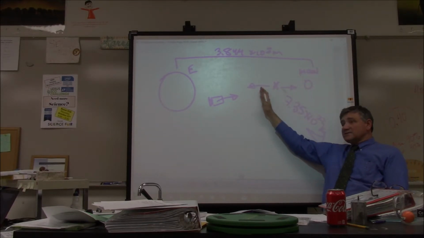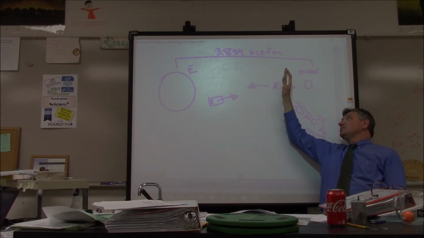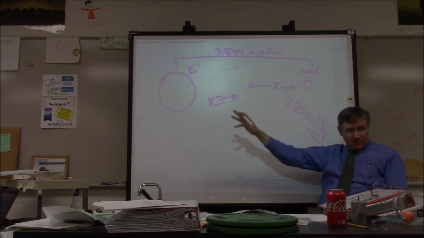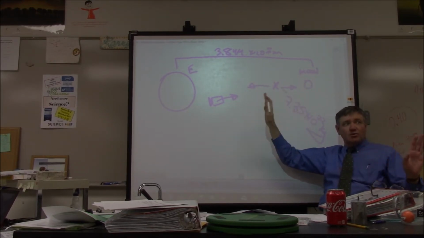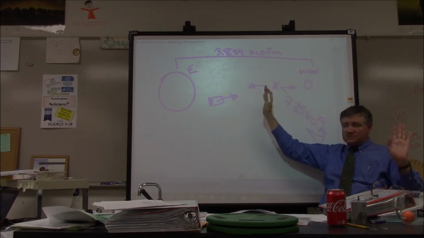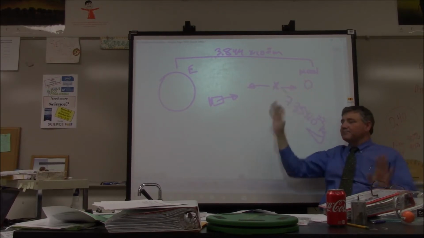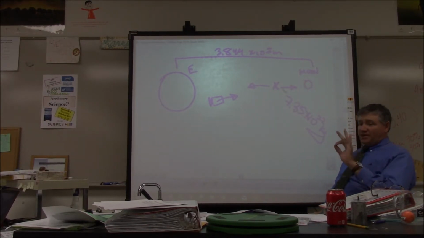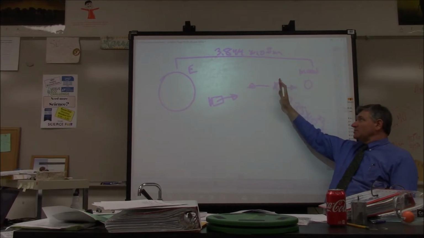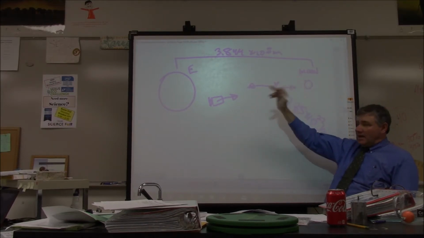Okay, so here's what I want to find. I want to find this force first, between the Lunar Command Module and the Earth. We'll worry about the Moon later. Let's just not even think about the Moon for now. So I need 3 things to find the force between the Lunar Command Module and the Earth.